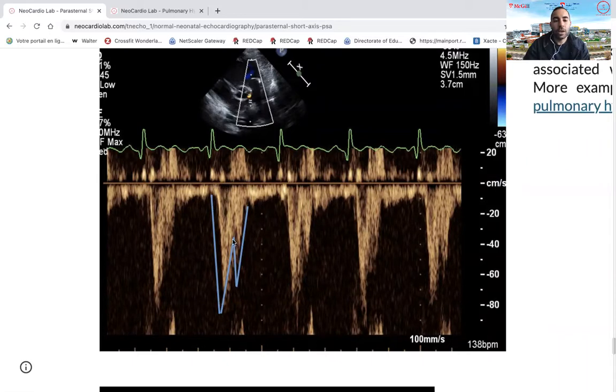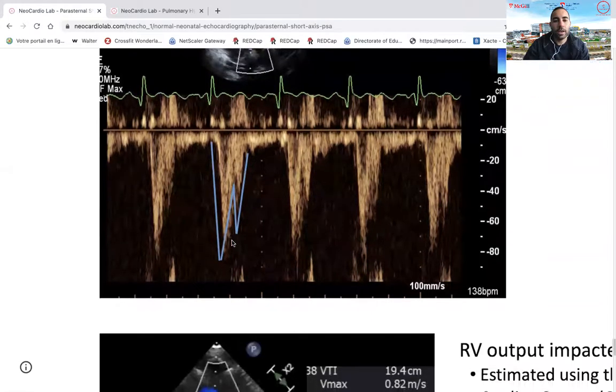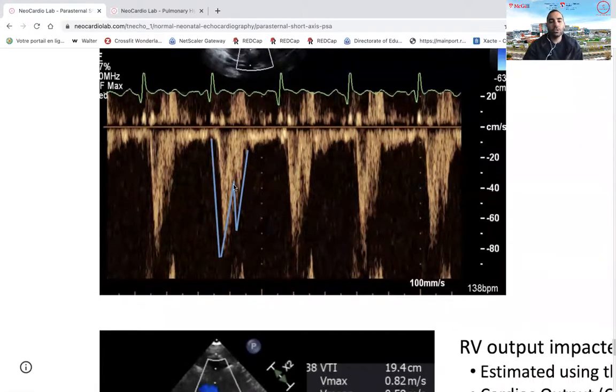This is just a demonstration that some patients will also have what we call a mid-systolic notch.